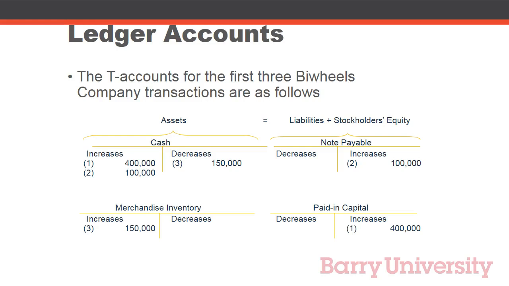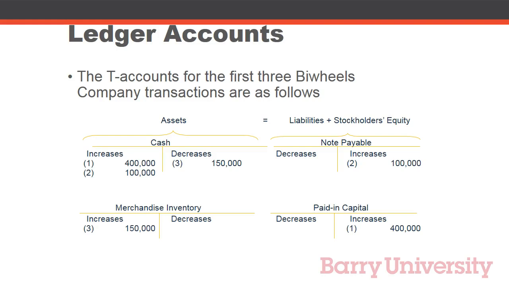On this slide, we're looking at the second step of recording the accounting information, and that's posting, or recording the information into the ledger. We are using T accounts to represent the ledger accounts. Asset accounts are increased on the left side with a debit. Liabilities and stockholders' equity accounts are increased on the right side with a credit.